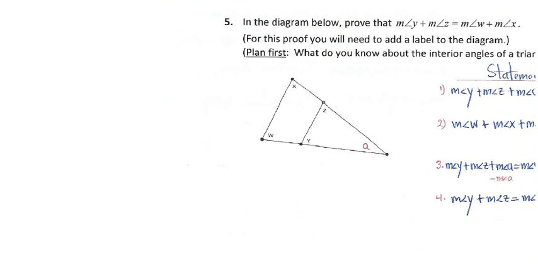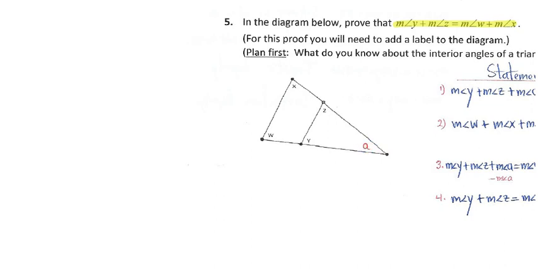You need to prove that the measure of angle Y plus the measure of angle Z is equal to the measure of angle W plus the measure of angle X. And here we have this extra information. For this proof, you will need to add a label to the diagram, which I already did. This extra angle was not labeled, so I labeled it A. Remember that whatever you label has to be written on the diagram.